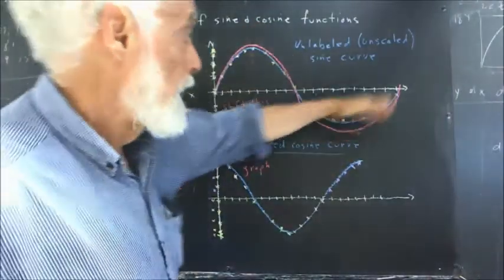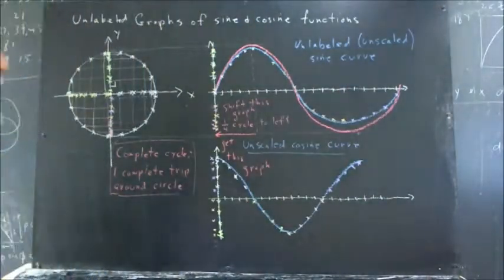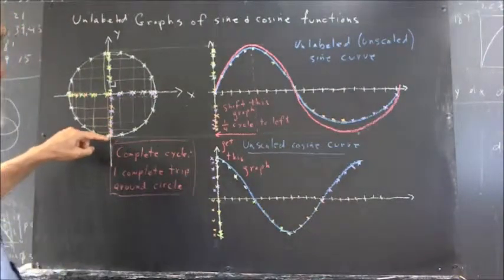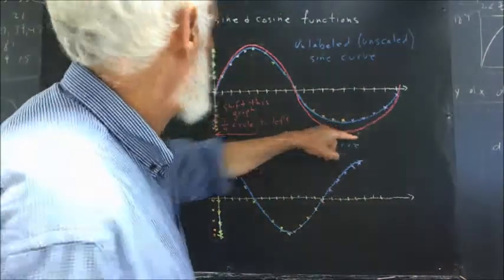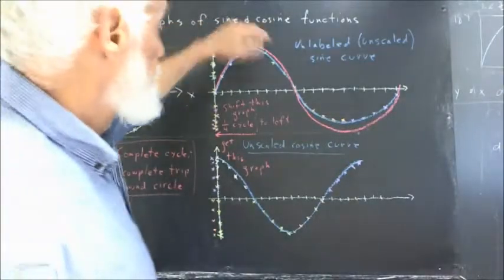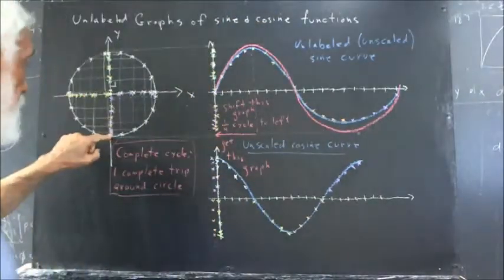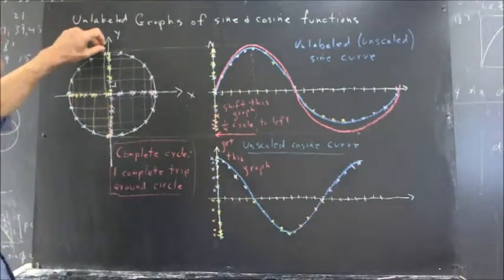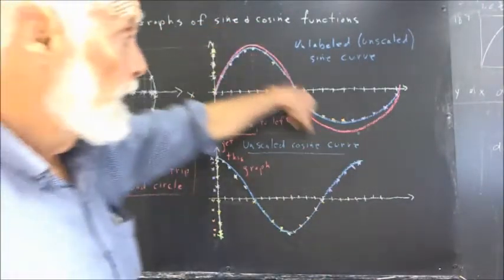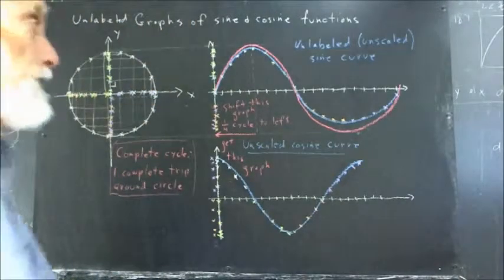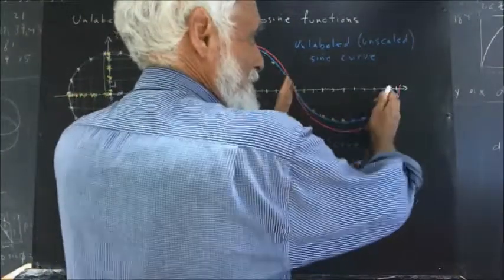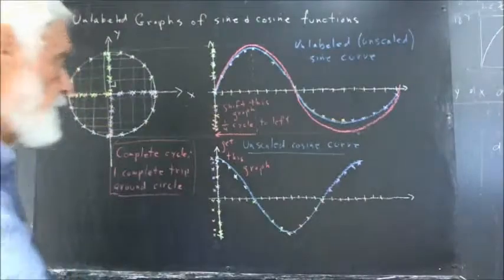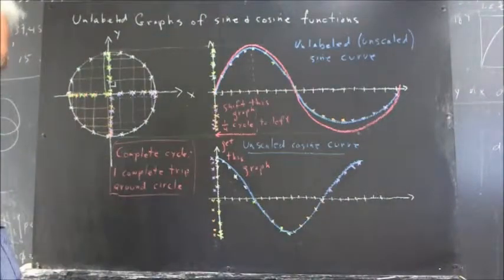In red, I actually drew the curve as it really should have looked, where I drew a projection here and a projection here so that the lowest point of the curve matches the lowest y-coordinate. The highest point of the curve matches the highest y-coordinate. So the red curve is actually a fairly good sine curve, except that this half of the cycle is a little bigger than this half, so it isn't perfect.